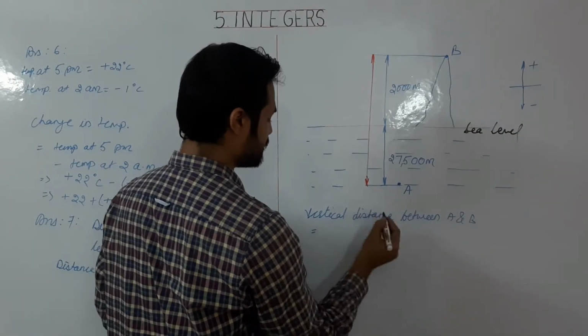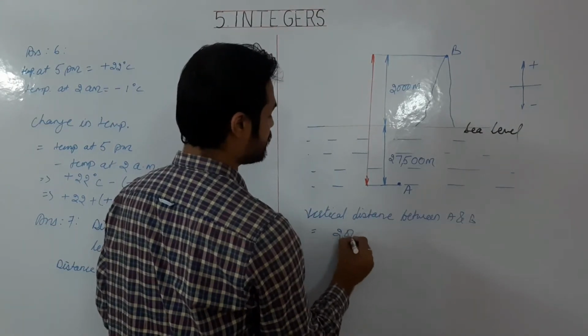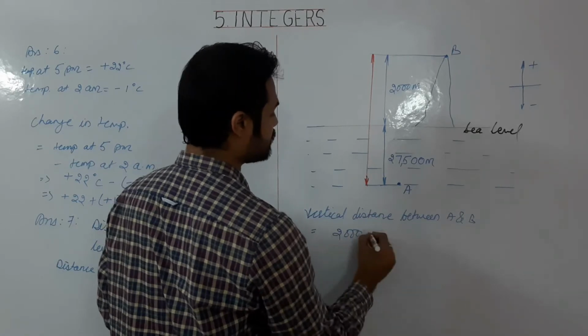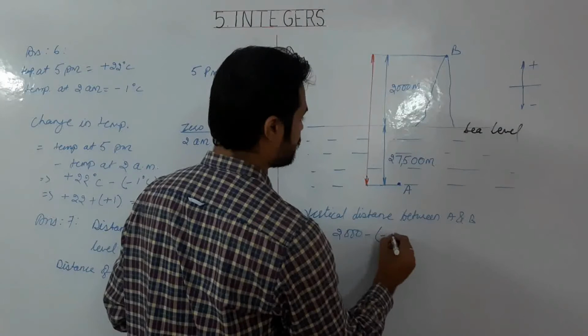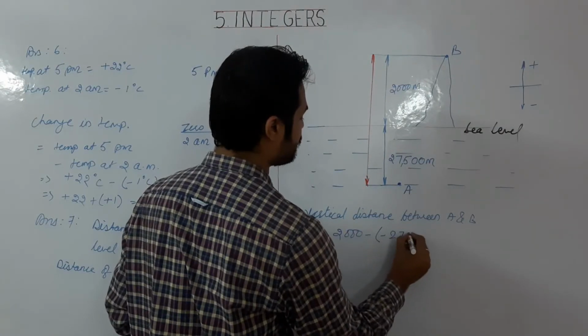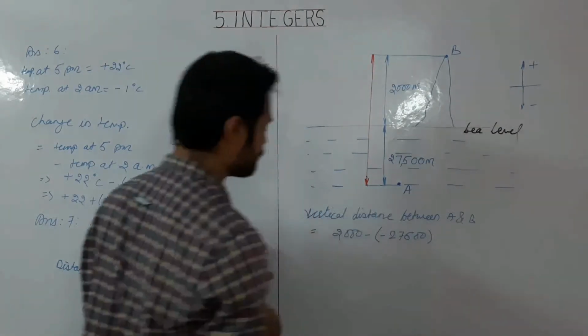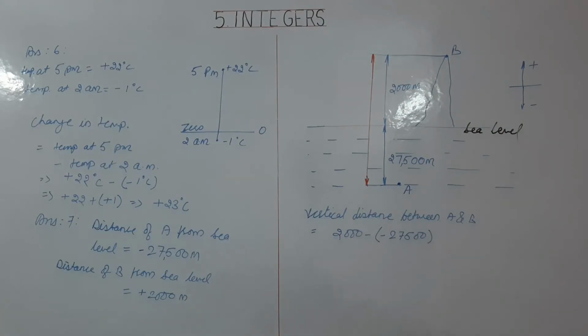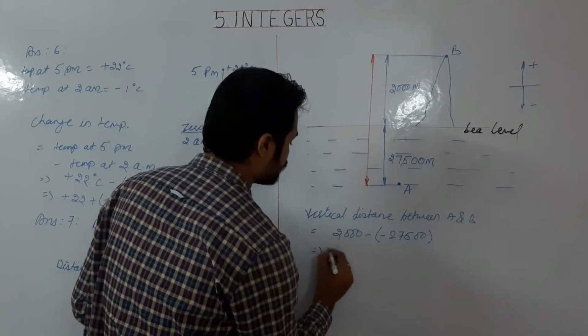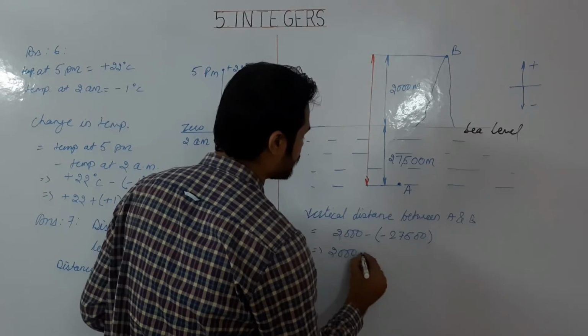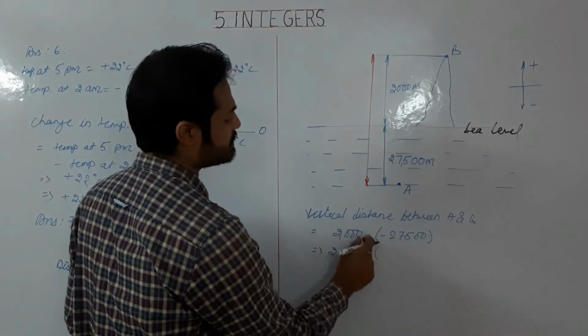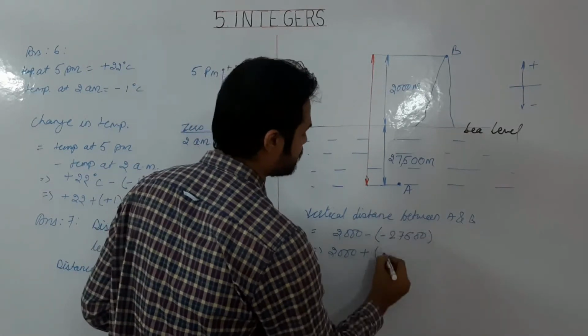So distance of B, 2000, minus distance of A, minus 27500, right? Distance of B minus distance of A. So 2000, and using the property, we change this sign and take the opposite of this number.